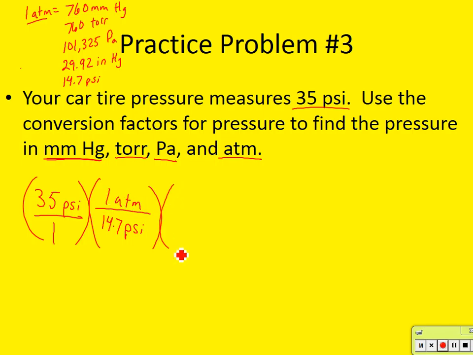Now, if we wanted to go to millimeters of mercury, could we keep going? What needs to be on bottom here? 1 atmosphere. In 1 atmosphere, how many millimeters of mercury is there? 760. Okay, so now all my units will cancel out except for millimeters of Hg. Let's figure out what that is.